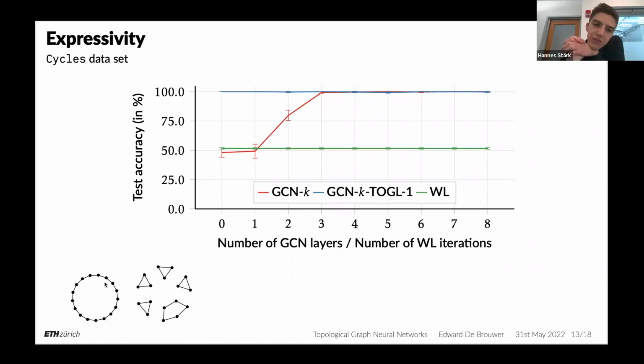Okay, what are your GCN node features? So here, that's just random with the node degree. So in the GCN, we would add the node degree and then some random vector that you can just generate. If you just take the node degree, there is no way that the GCN is ever getting 100% accuracy.